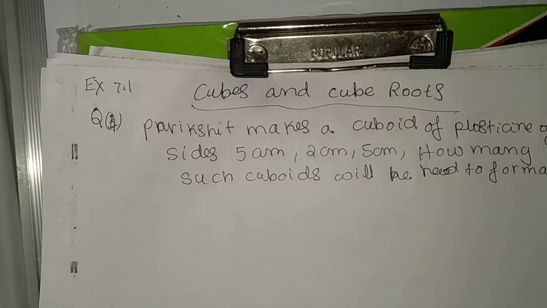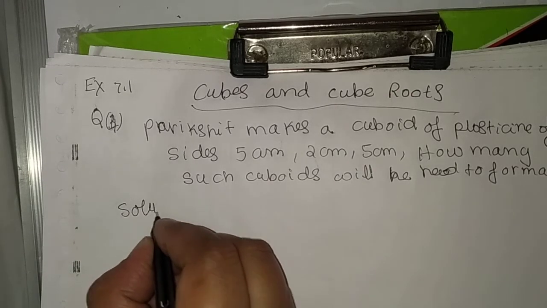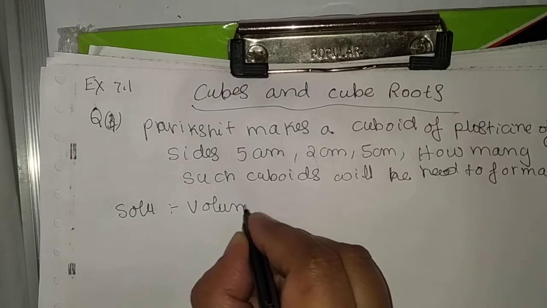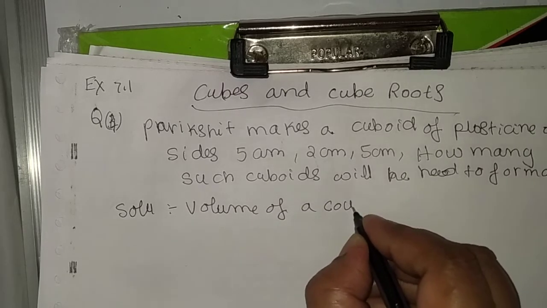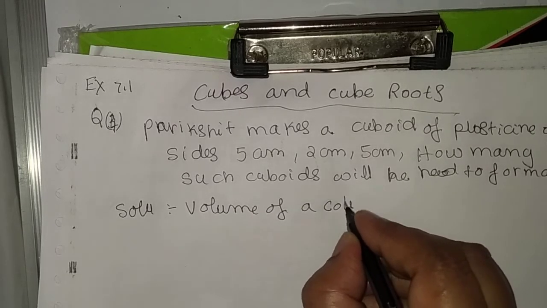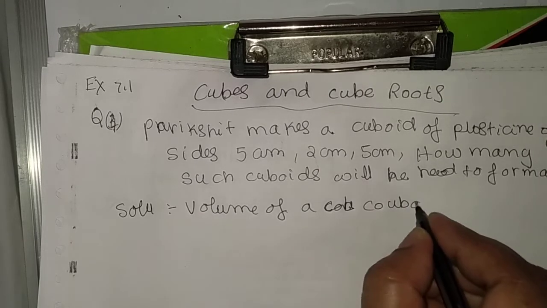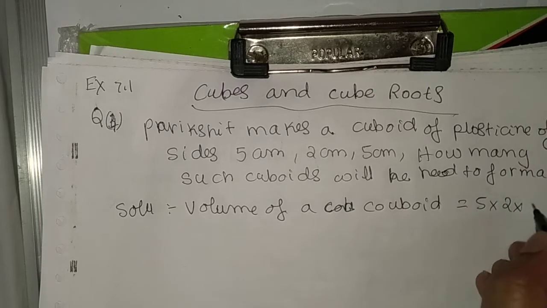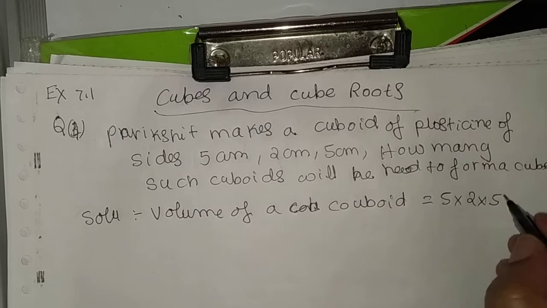Now the solution is, first step, the volume of the cuboid. How can we write the volume of a cuboid? Volume of cuboid is equal to, multiply all this, 5 into 2 into 5 centimeter cube.